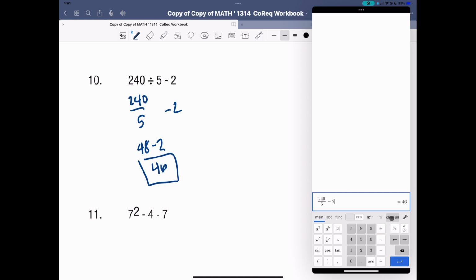Okay, so the next one is going to be 7 squared. So I use 7, and then I can use the A squared button or the AB button. If I use the A squared button, it automatically squares it for me. So I would say 49 minus 28.